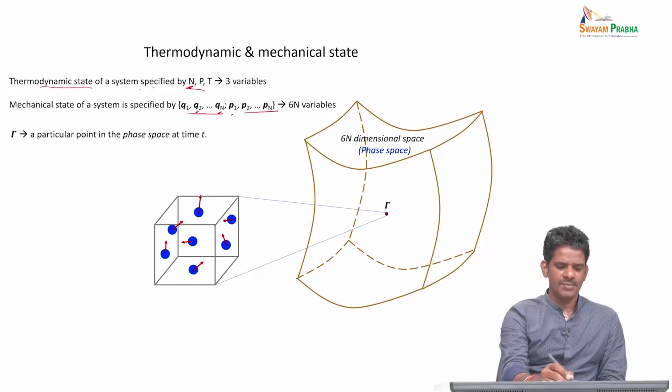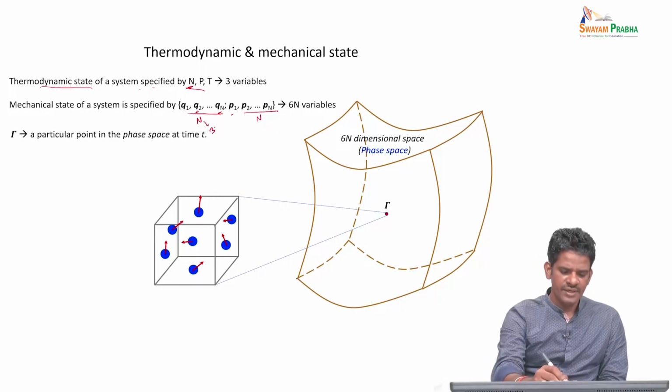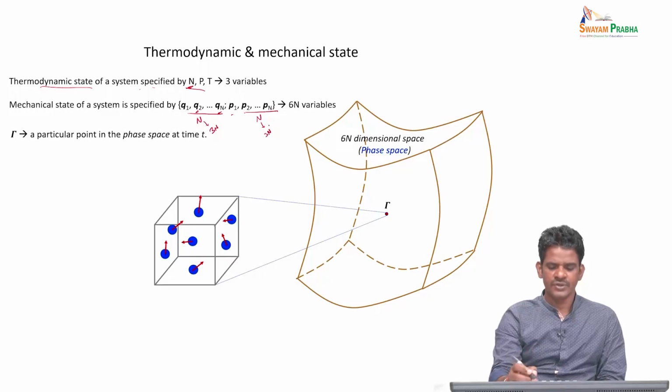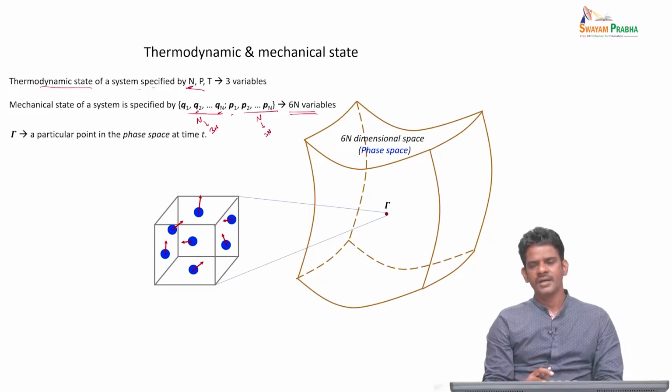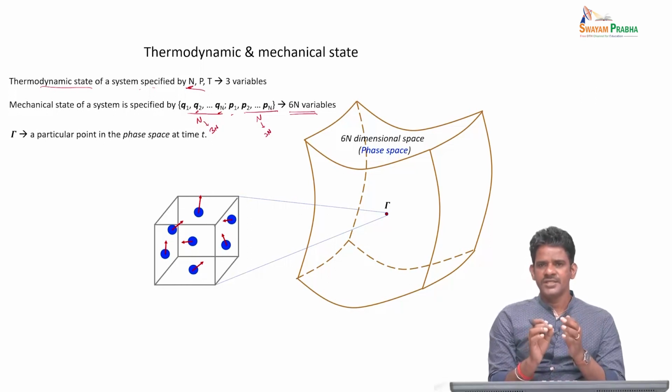So you can see there are N coordinates and N momenta, but each of these will have 3 components in Cartesian coordinates. So you'll have 3N degrees of freedom from coordinates and 3N degrees of freedom for the momenta. So essentially you're talking about 6N variables. These are all independent variables, and we call them degrees of freedom. So when you try to describe a system by specifying the individual particles' positions and momenta, then we say we are describing the mechanical state of a system.